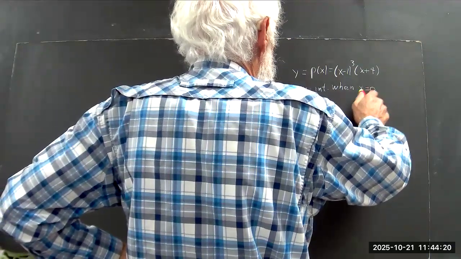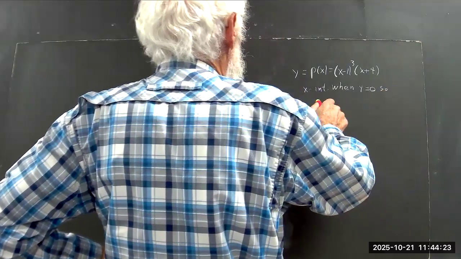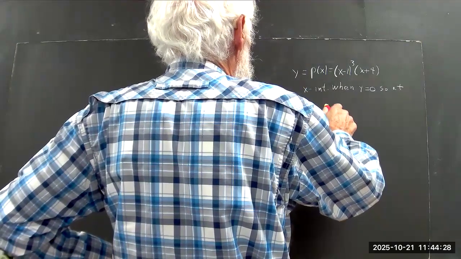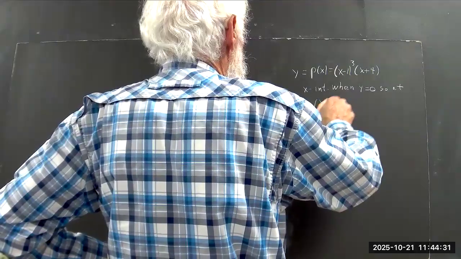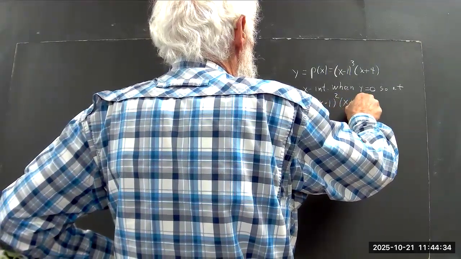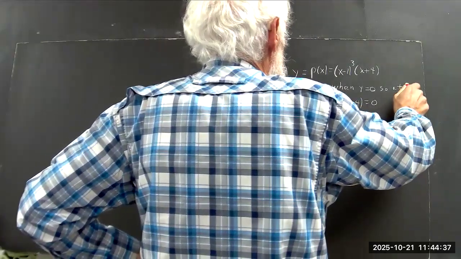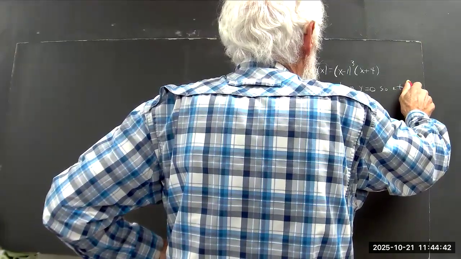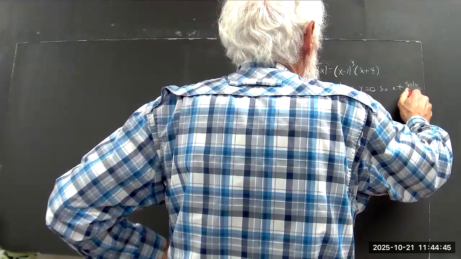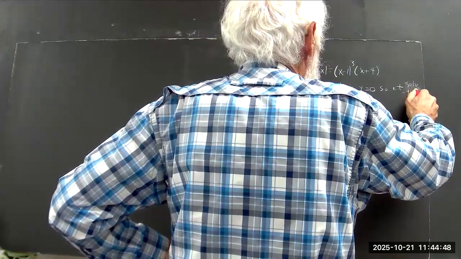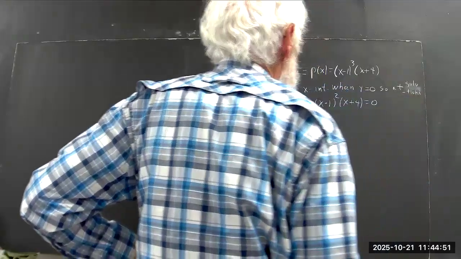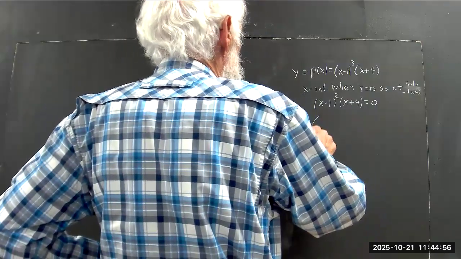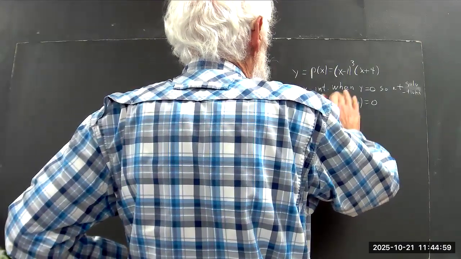X-intercept from y equals 0. The x-intercepts are at the x values. This is an abbreviation of the word solutions. Okay, so it's solutions of this equation. And this is cubed, not squared.